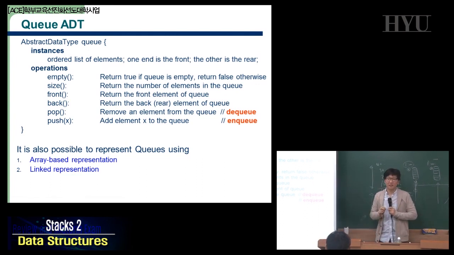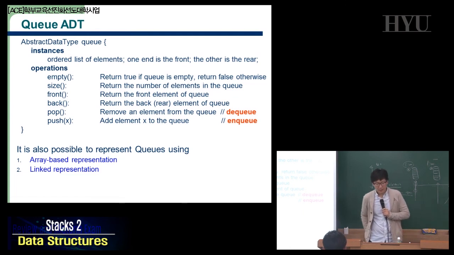That element's location is probably the last one in the queue. In your textbook it says pop, but it should be replaced with DQ and NQ, but I just left it there. Pop is DQ, push is NQ.